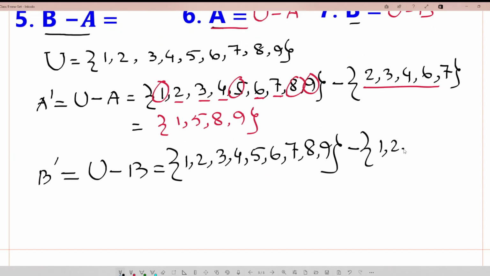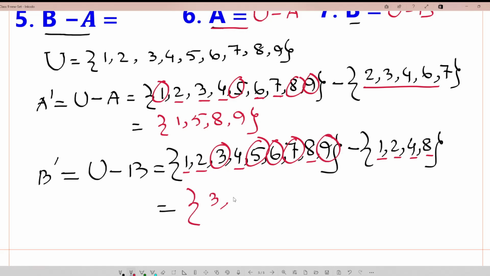So which ones are common here? 1, 2, 4, 8 are common, because here is 1, 2, 4, 8. So we will take 3, 5, 6, 7 and 9, and our answer will be 3, 5, 6, 7, 9. This is our answer.